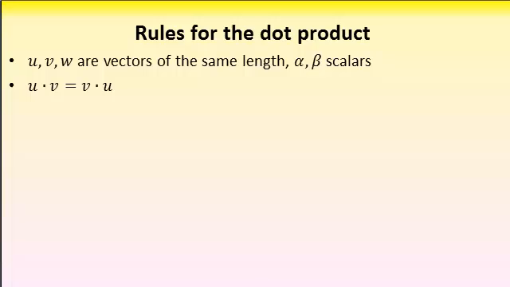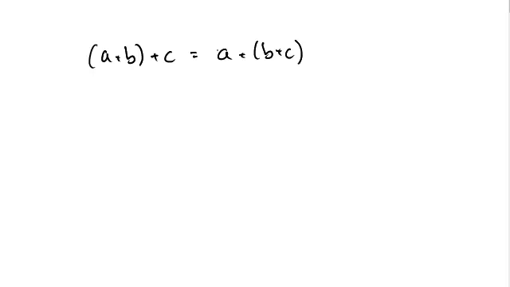After discussing the commutative law, we typically discuss the associative law, but there is no associative law for the dot product. For example, there is an associative law for numbers, which just says that if I want to add three numbers, a, b, and c, I can add them in any order that I like.